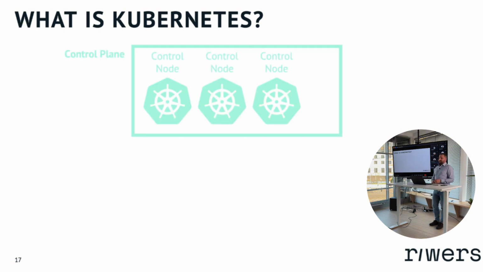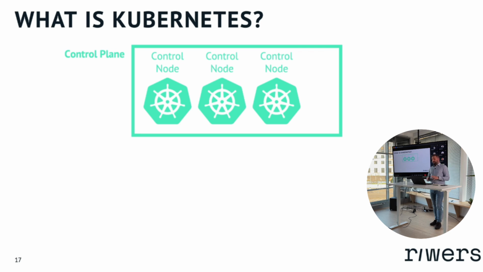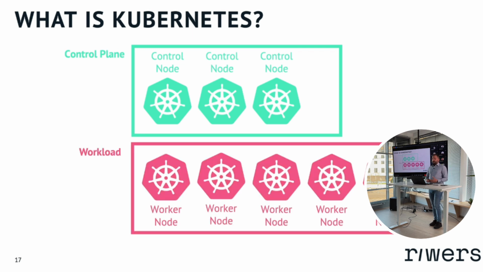The first thing is the control plane. Every node you can see here is basically a virtual machine or a physical server. And the control plane is responsible for taking care of all the information within the cluster and for taking actions so that your applications are running on the worker nodes.